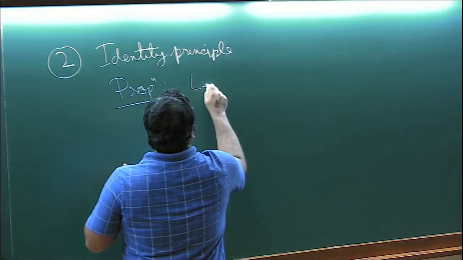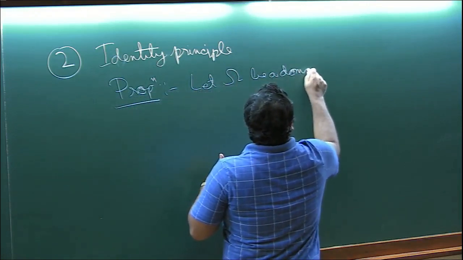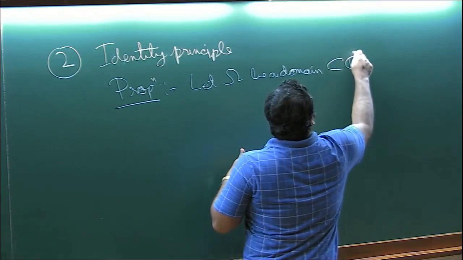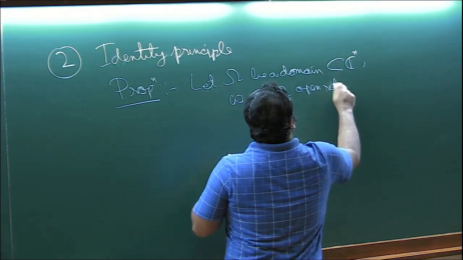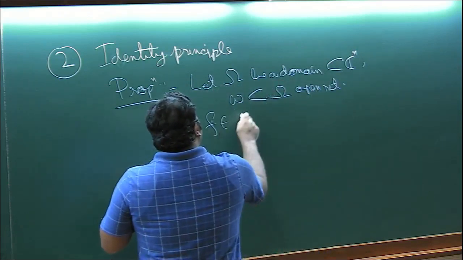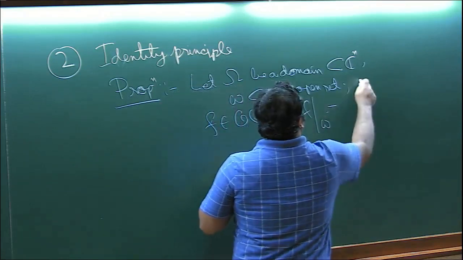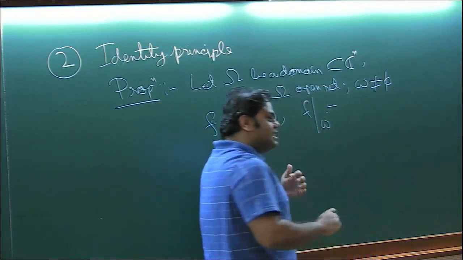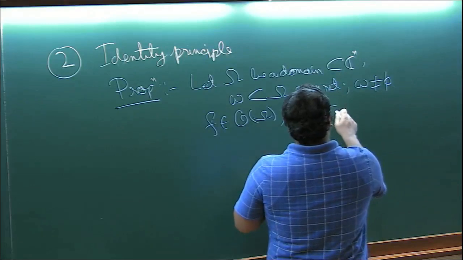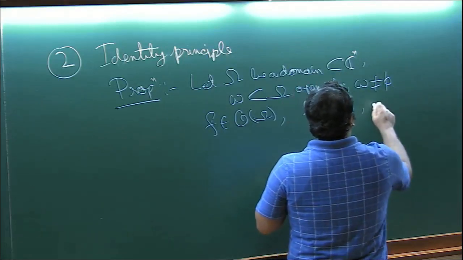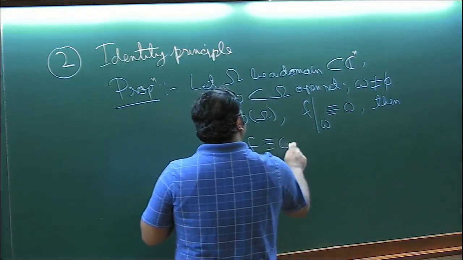So let Ω be a domain in C^n, and let ω ⊂ Ω be an open set, also not the empty set, just to preempt any issues. Take a function f which is holomorphic on Ω. Suppose that f is identically 0 on this open set ω. Then f is identically 0 on Ω.